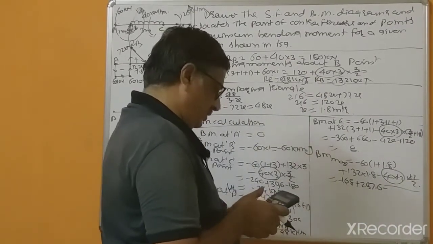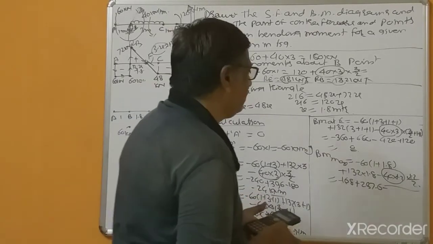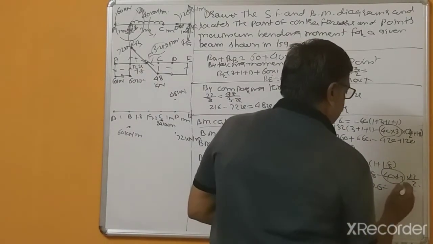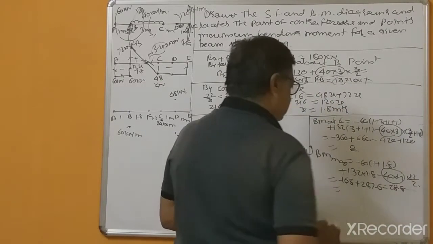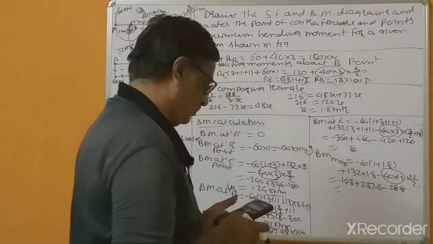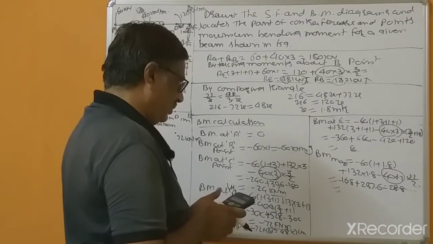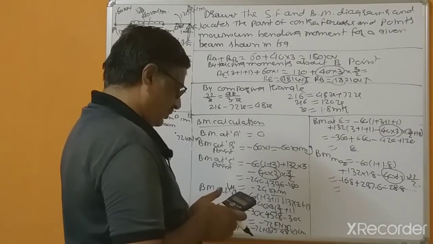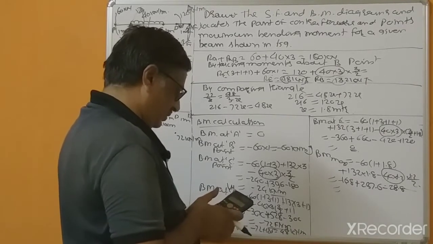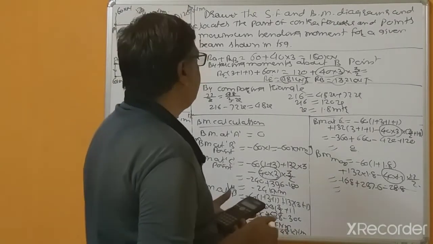This is 20 into 1.2 square, 28.8. Plus 237.6 minus 168. So this is equal to 40.8.